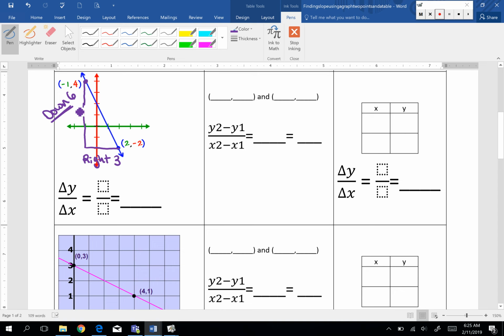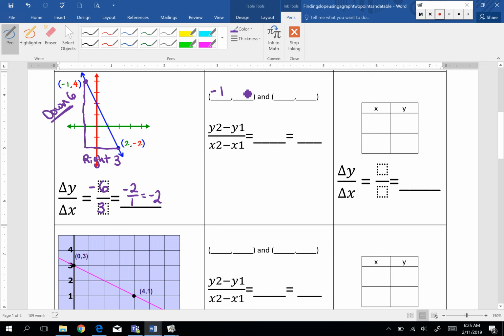If I move downward, that's a negative direction, so -6. If I move to the right, right is a positive direction. -6 divided by +3, you could write that as -2 over 1, or you can simply write it as -2. Either way is okay.